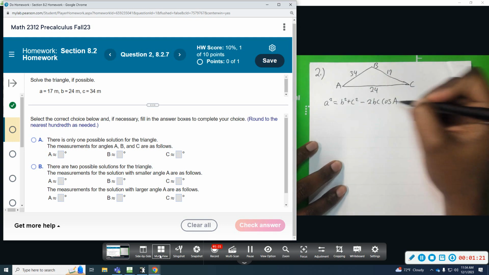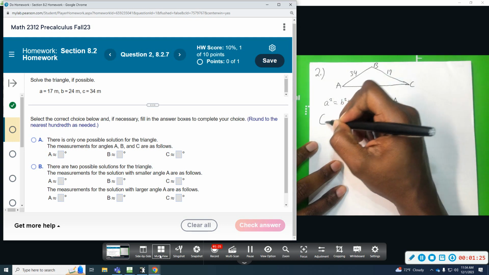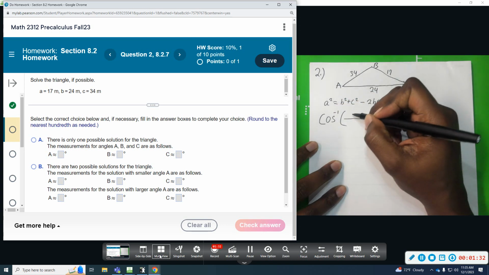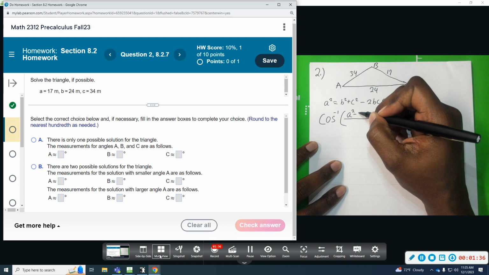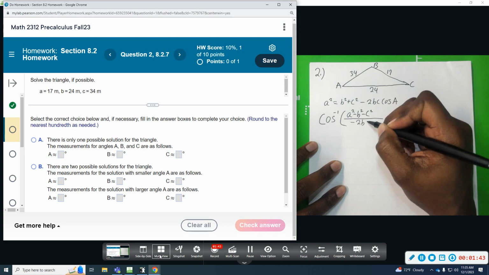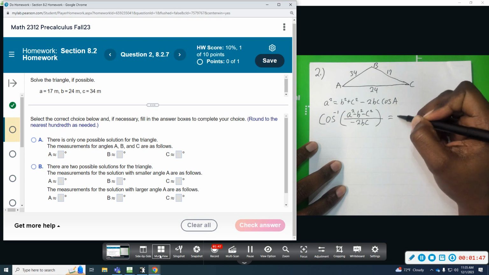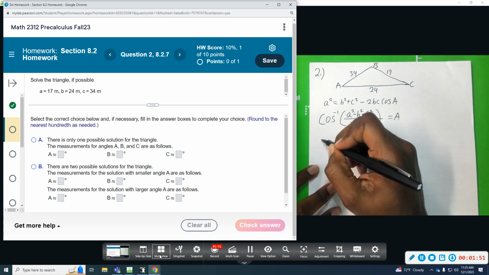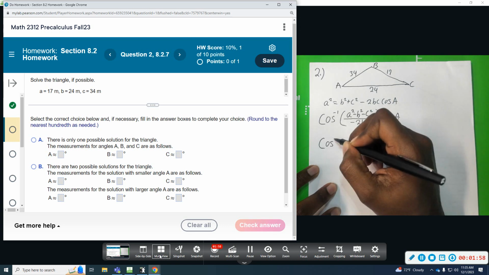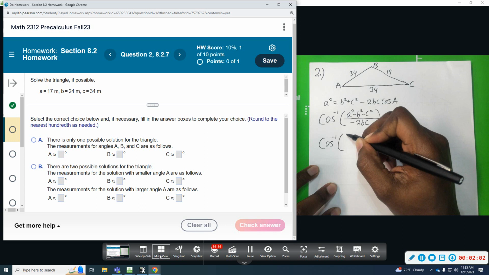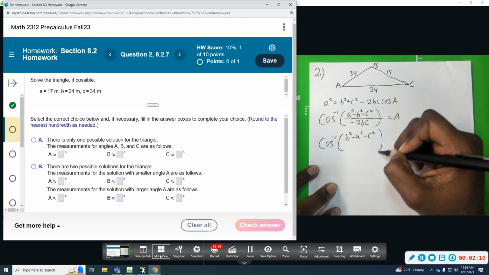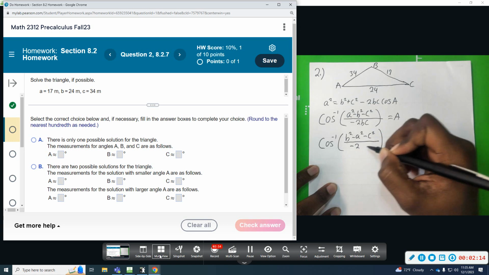And so I'm going to write down the final that we're going to be solving for, which is going to be inverse cosine of A squared minus B squared minus C squared over negative 2BC, and that's going to equal angle A. And I'll do the same thing for B. I want to find B. I'll do inverse cosine, and it will be B squared minus A squared minus C squared divided by negative 2AC.